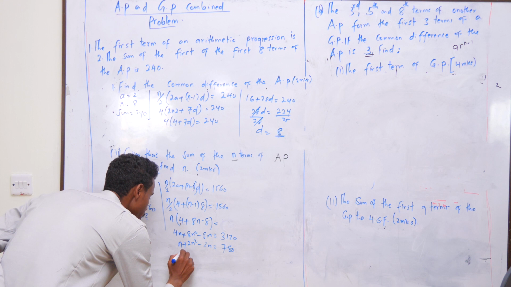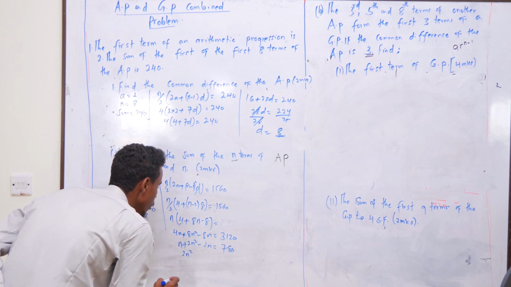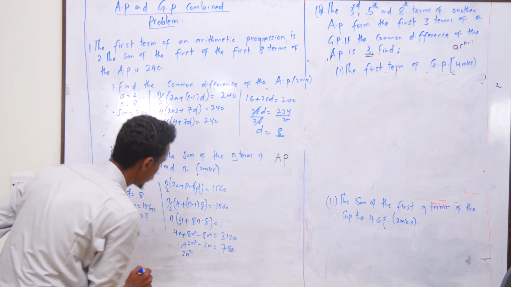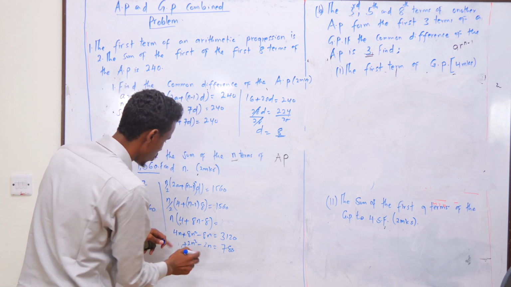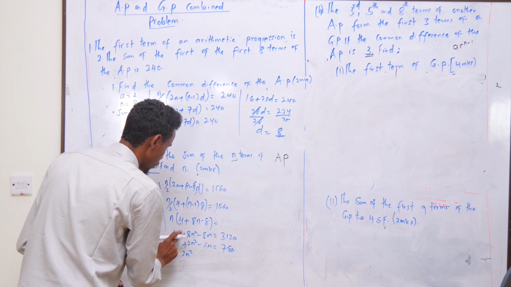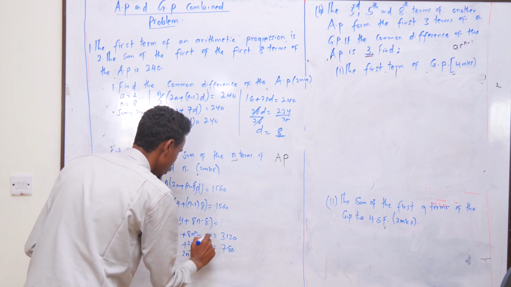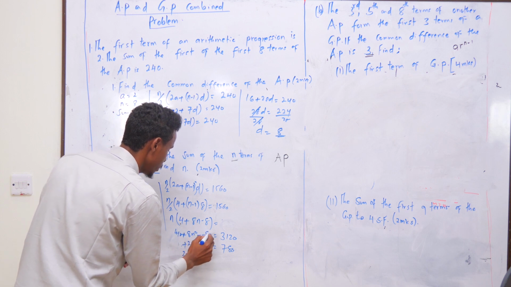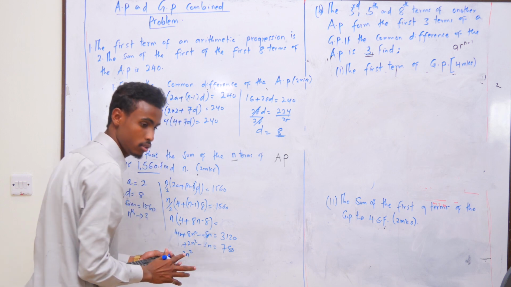Now it will be 2n squared. Oh, this one we have subtracted. We got here 4n, because it will be 4n minus 8n.